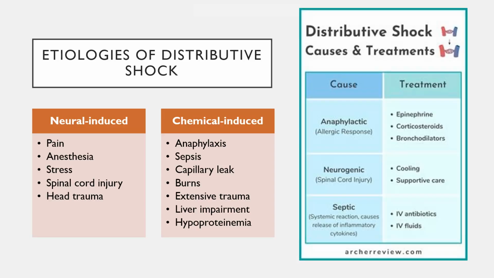Septic shock is a systemic reaction from inflammation. Now, I hope you guys remember the cytokines. Those cytokines, especially, think about acute respiratory distress syndrome. When there is injury or a severe infection, our body can overreact sometimes. And how does it do it? We get those cytokines.